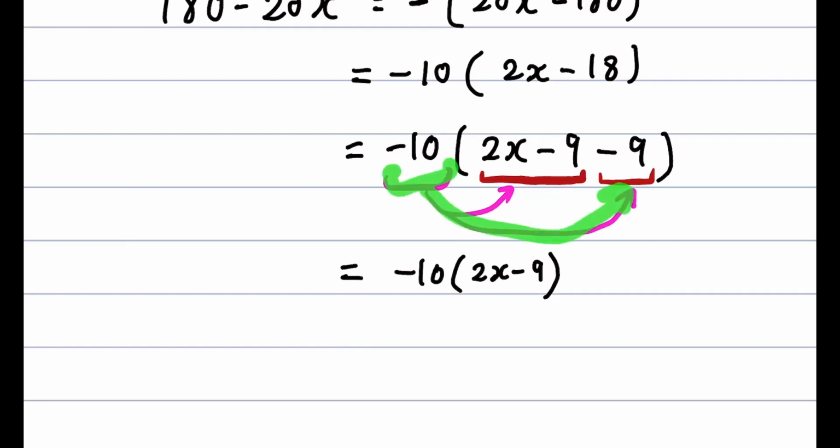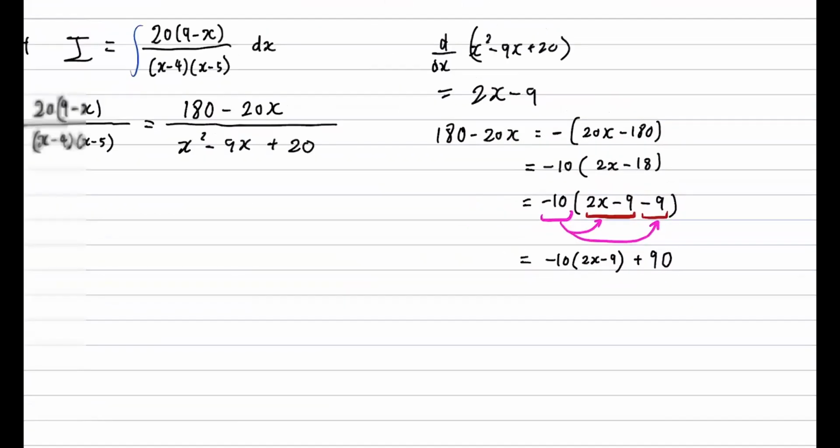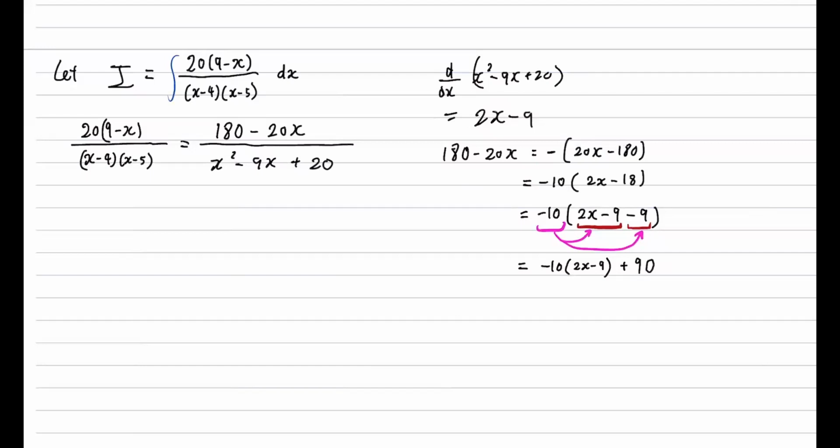Oh, so it's just plus 10 times 9. Yes, which is 90. Okay? Then I skip a step. I never write down plus 10 times 9. Negative times negative gives you positive, 10 times 9 gives you 90. Okay, good. So now we can rewrite it in this format. So we can replace the numerator with whatever we just found: negative 10 times 2x minus 9 plus 90 over x squared minus 9x plus 20.